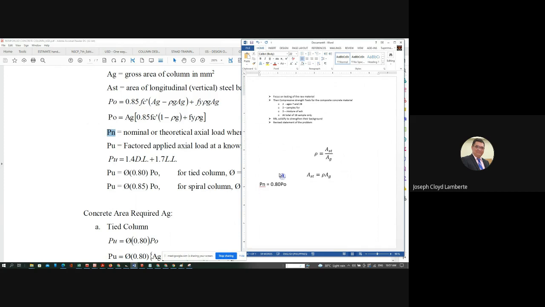And our PO is equal to the reduction factor of PN. So PO is equal to the reduced PN. That is why you can do this.